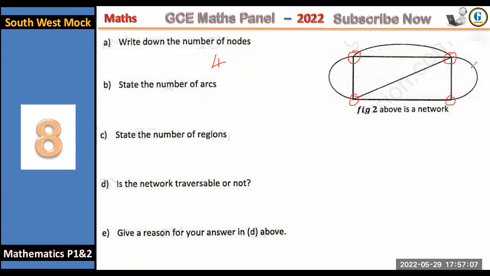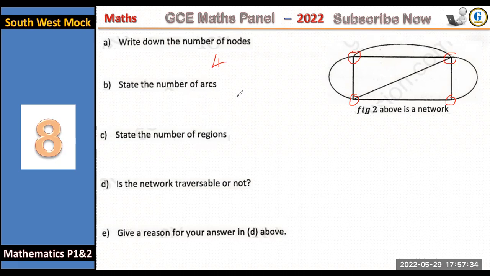Now the number of arcs. Arcs are the lines now. 1, 2, 3, 4, 5, 6. How many arcs are there, guys? 8, sir. Of course, there are 8 arcs. Actually, really 8?